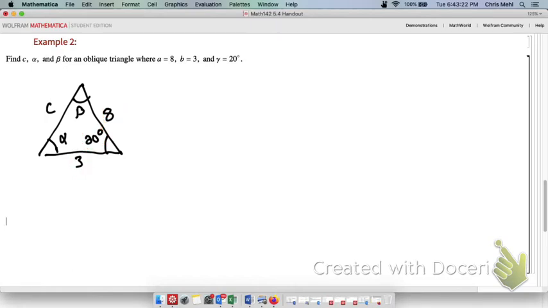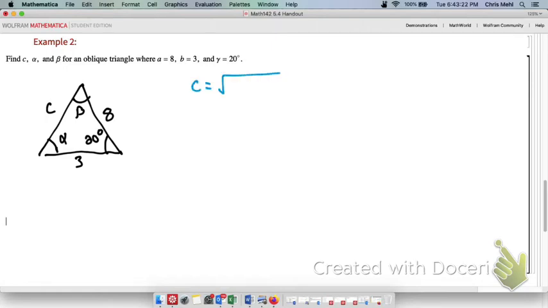Okay. Now, C squared is B squared plus A squared minus 2AB cosine of gamma. Okay, so I just set up that formula. But since the formula is C squared equals, I'm just going to start out by taking the square root of both sides right off the bat.